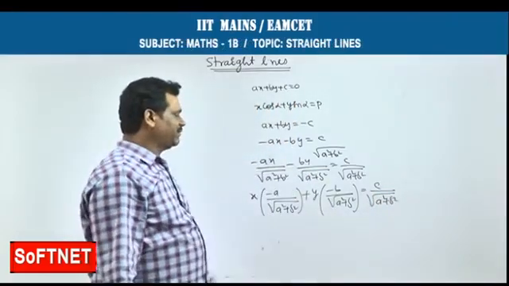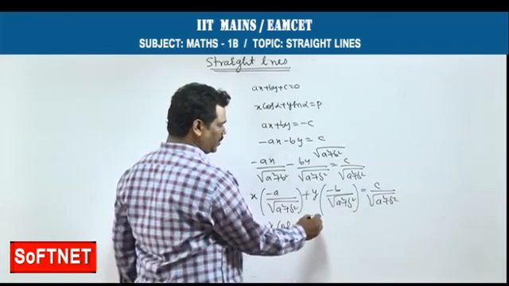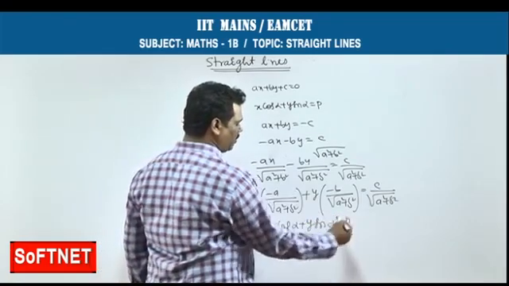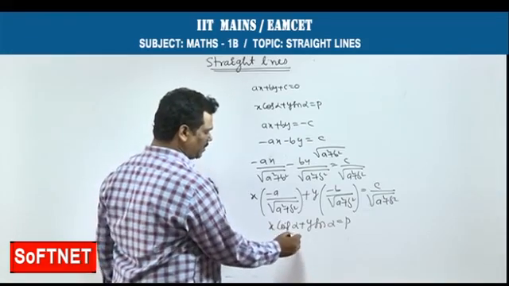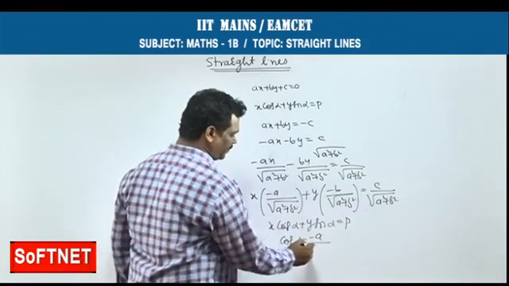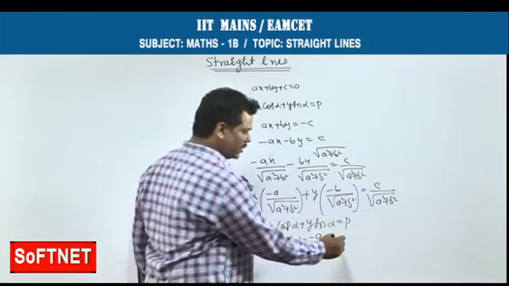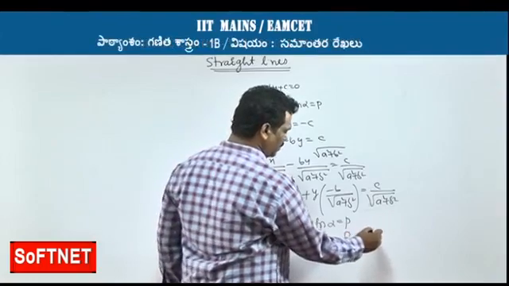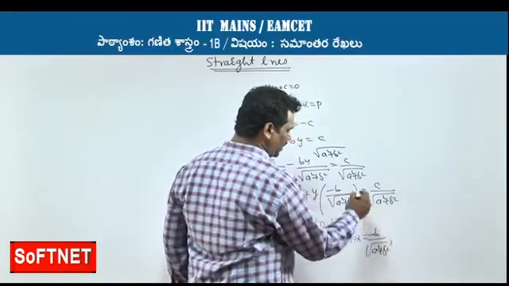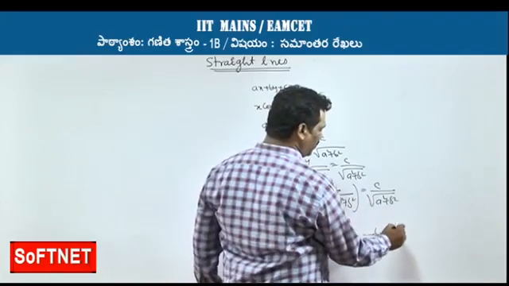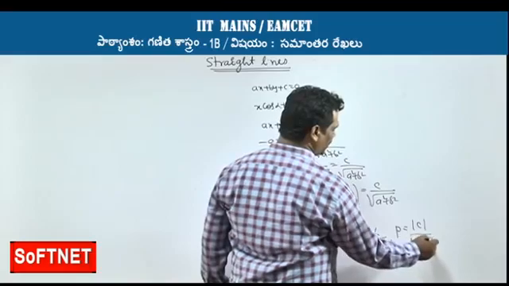This is in the form of the normal form x cos alpha plus y sin alpha equal to p. So here cos alpha is equal to minus a by under root of a square plus b square, sin alpha is equal to minus b by under root of a square plus b square, and p is equal to mod c by under root of a square plus b square.